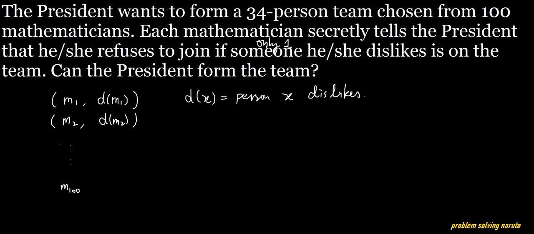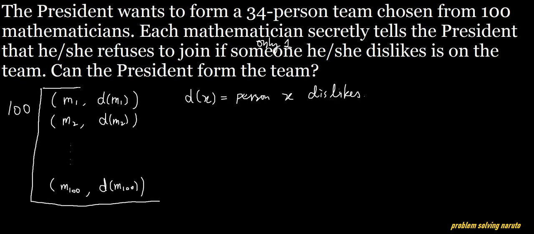So I have 100 of these pairs. Let me call this the pool. This is my candidate pool, the pool list.